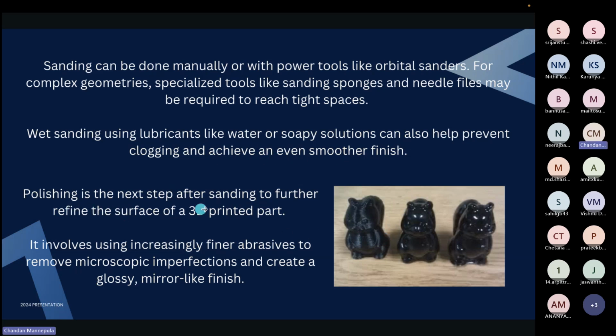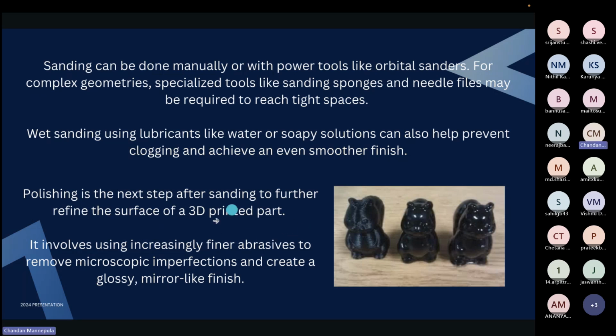Polishing is the next step after sanding to further refine the surface of a 3D printed object. So why do you do polishing? Generally, why do you do polishing? For a smooth surface finish and to make the 3D printed object look good, right? Yes. So polishing involves using increasingly finer abrasives to remove microscopic imperfections.